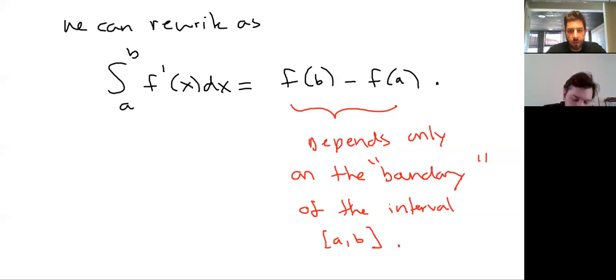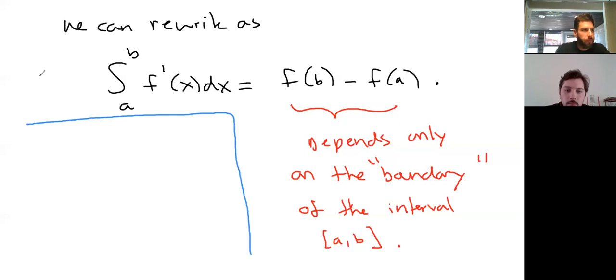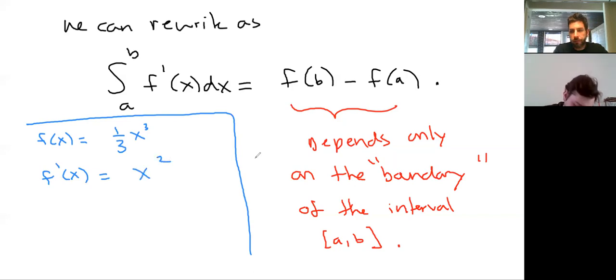So let's just look at a very obvious example just so you understand this formula is not some gibberish. Suppose f of x is 1/3 x cubed. Then what's f prime? F prime is just x squared, right?